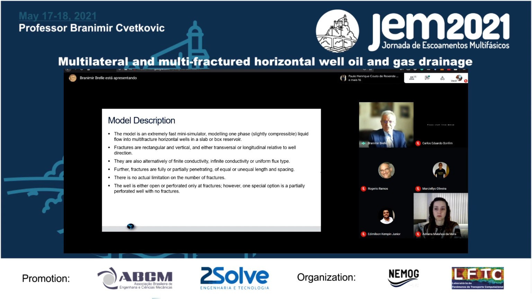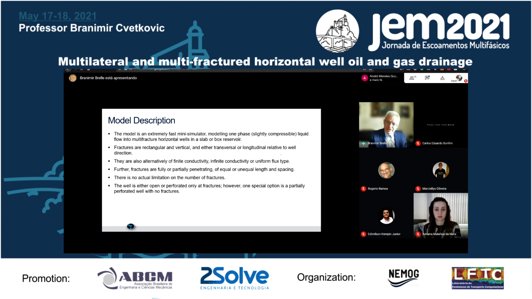And then the model description, I will jump in. First of all, the fluid is slightly compressible, liquid flow in a multi-fractured well, slab and box. If I use pseudo pressure, then I can use it for gas, as I did now. The fractures are conductive, infinite conductive, uniform flux. Then the fracture is fully penetrated.